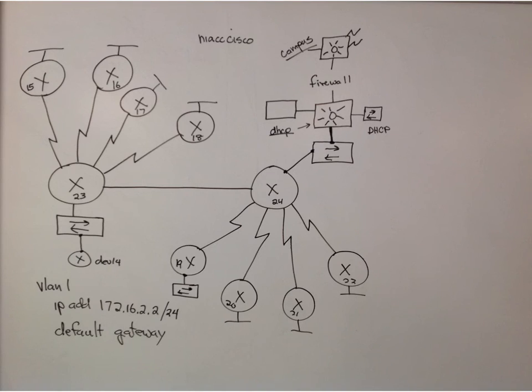Here's that same network, and we talked about some of the key things. Default gateway, we put that addressing on the VLAN 1. We put an address for management, gave it a default gateway. If we have a switch and we need to access that switch from a PC, let's say, that's sitting over here.